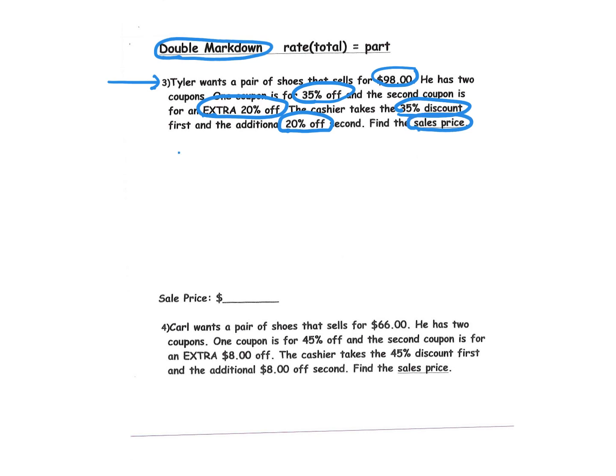So let's start with our first tape diagram. We know that the total is $98 and that's 100%. Now, we're going to cut this into parts. The savings part of the bar and the sale price part of the bar.